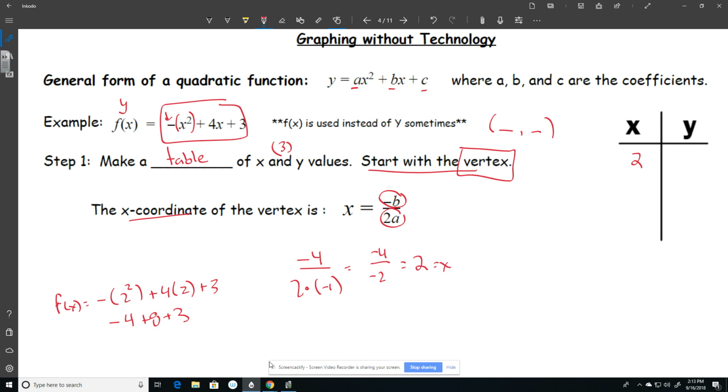Negative 4 plus 8 is positive 4, plus 3 more is positive 7. So my x is going to be 2, and my y at that point is going to be 7.